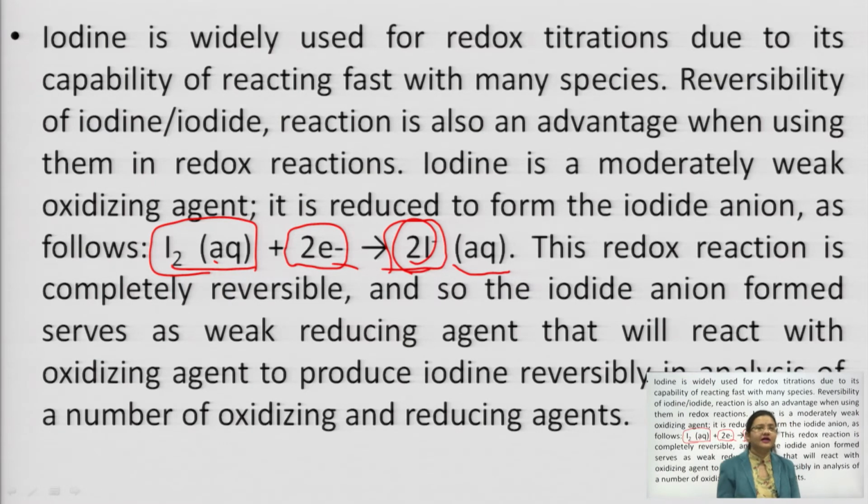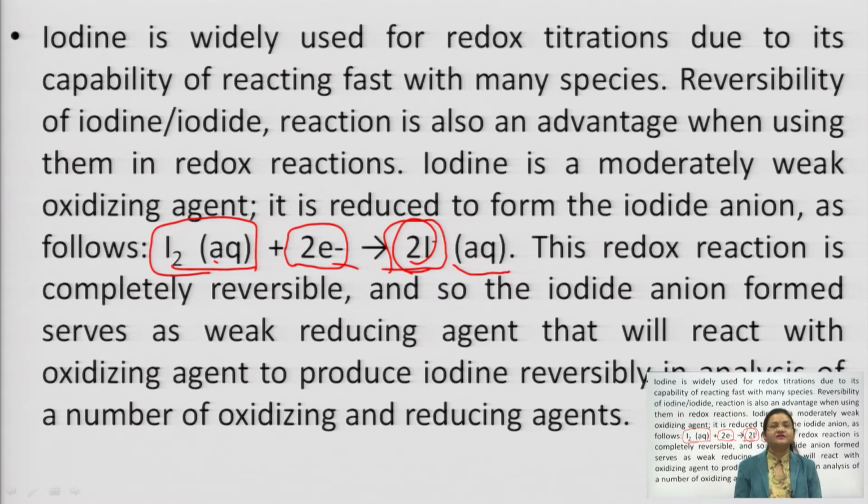So if this reaction is reversible in a redox process, then both species, iodine as well as iodide ion, can act as oxidizing agent and reducing agent. What does that show? It shows that they can react with a number of reducing and oxidizing agents available.